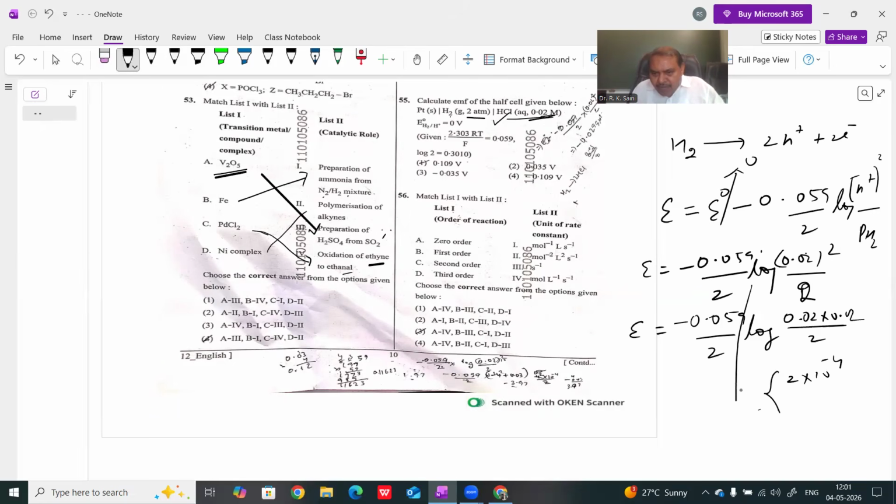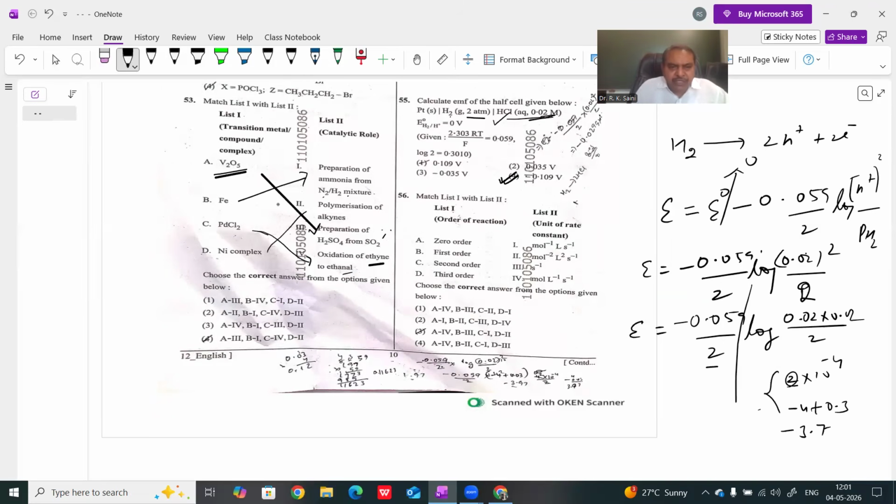Taking the log, minus 4 and the log of 2 is 0.3. Therefore, this value is minus 3.7, and 0.059 multiplied by 3.7, and then divide by 2. As the value of E is positive, the answer is option 4.